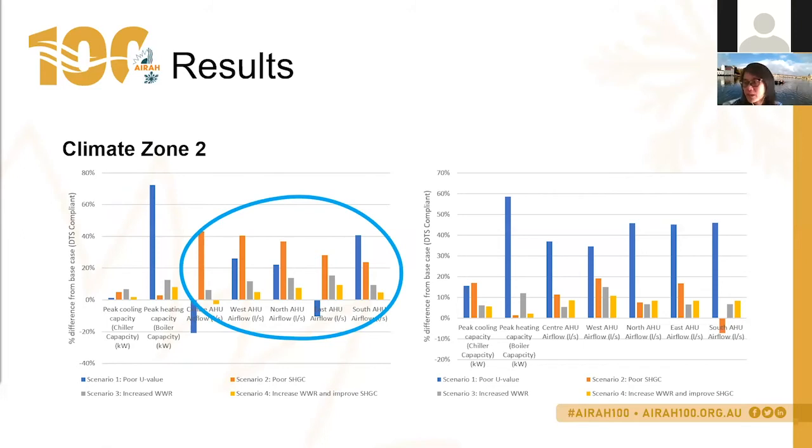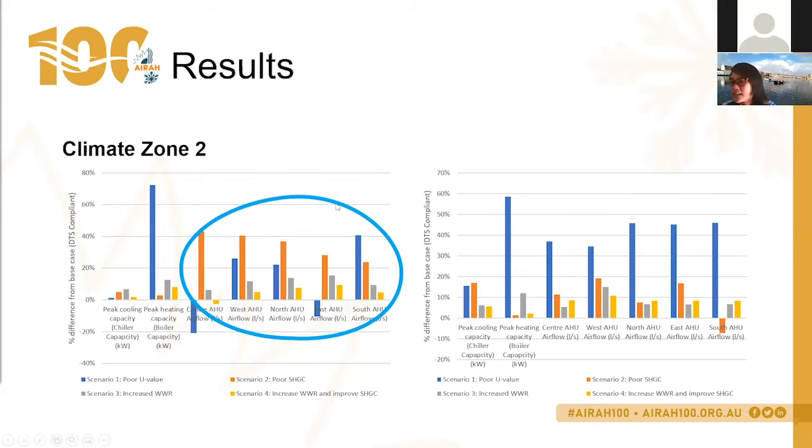The other thing we looked at here was the amount of airflow that will be required through our air handling plant. What we've done here is to zone it out. We've got the center zone, starting from the left, going to west, north, east, and south AHUs.